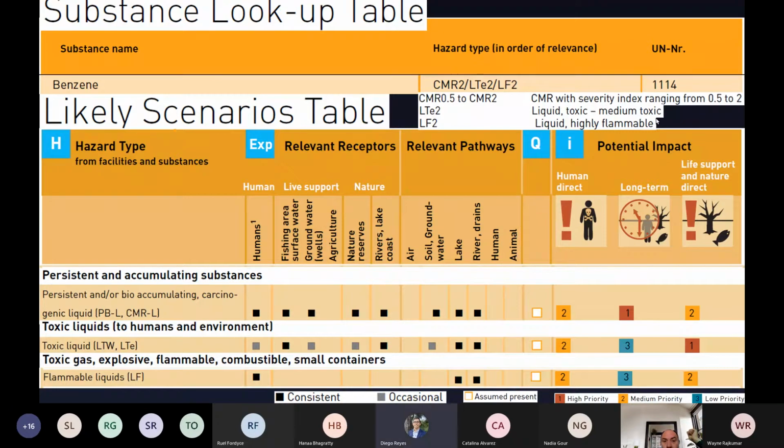It's on page 62. Yep, that's it. Page 62, part 3, substances with persistent and bioaccumulating or carcinogenic, mutagenic, and reprotoxic properties.